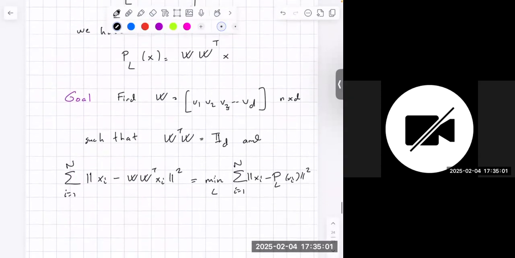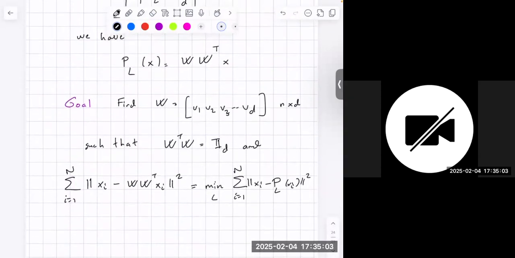All right, how do I formulate it? Find the best orthogonal matrix, n by d. Orthogonal means if you do transpose on itself, you get the identity. W transpose W is the identity, that's the orthogonality. When you do W transpose, that's projection. And then this is now my projection.